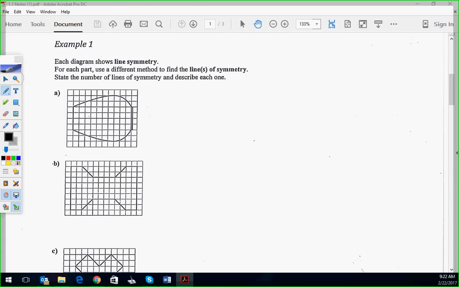So this one here, how many lines of symmetry? One, right? You can see it's getting skinnier at one end as opposed to the other end. So right away we know I can't cut it straight down the middle, but I definitely can go horizontally, right? Is this the one that we see?